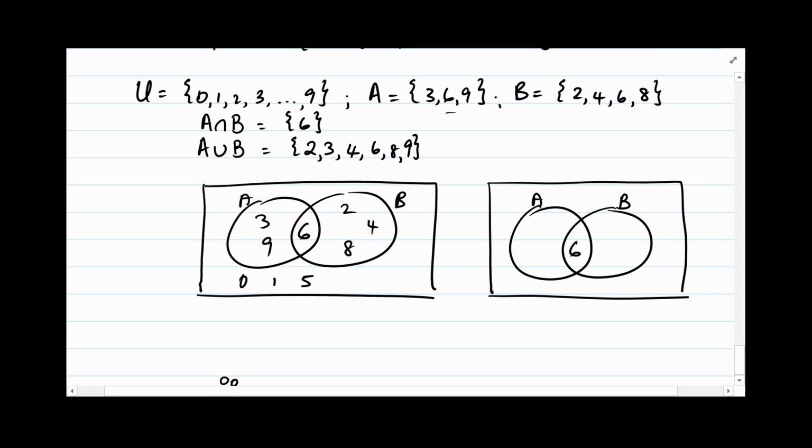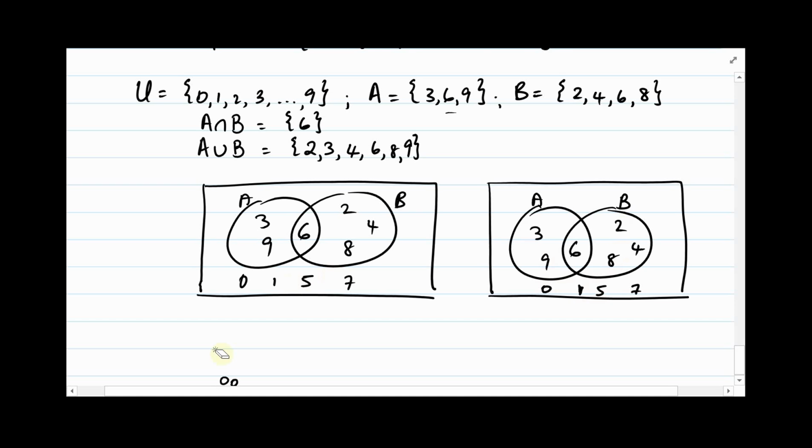Alright, so what elements are we missing? 0, 1, 5, 7. I think that's it. So let's just copy the same thing over here. 3 and 9. 2, 4, and 8.